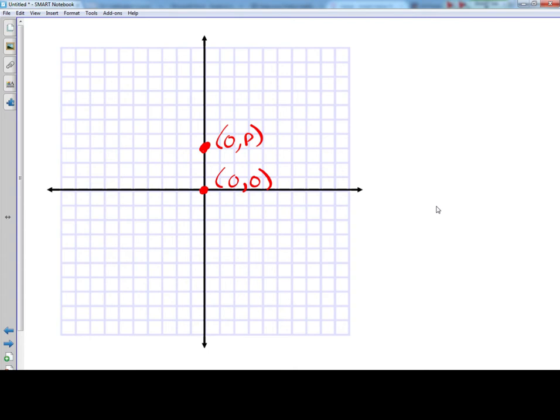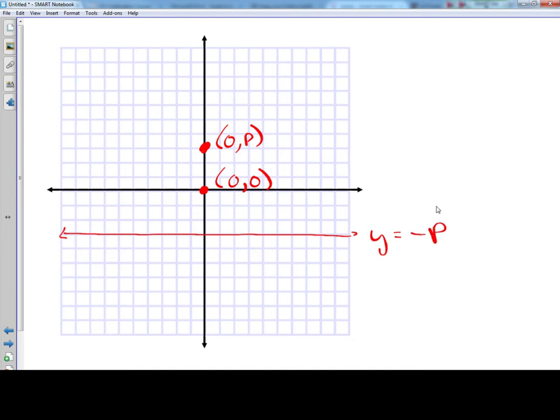That means that below that, I should have my directrix, which will be at y equals... not -3. Negative P. Remember, it's a distance.